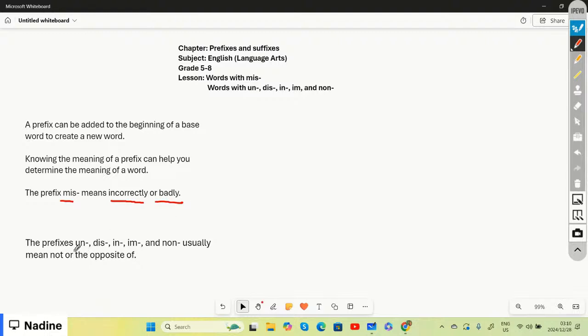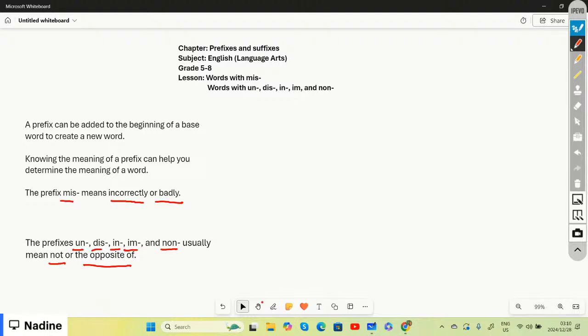Then we have the prefixes an, dis, in, im, or non. Once we add any one of these prefixes to a specific word, these words usually mean not, or the opposite of, which means that it also changes our word to a negative word.